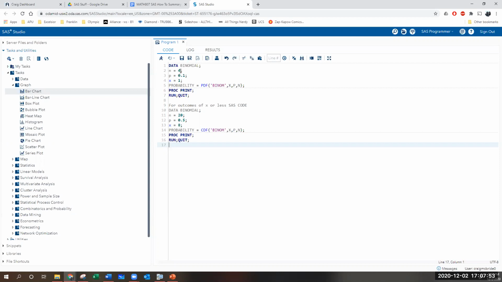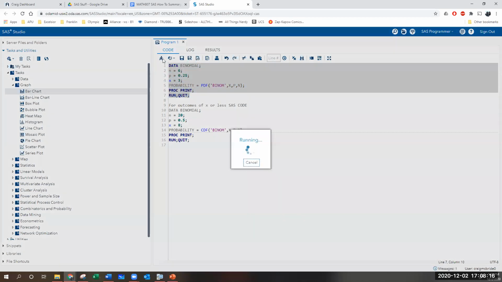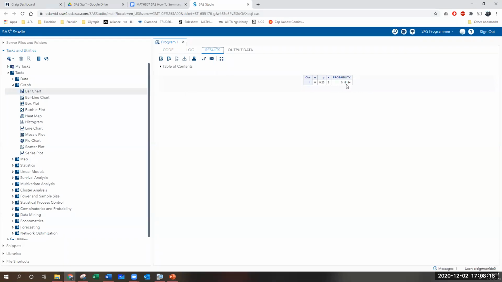If I want a sample size of 6 and the probability of a success is, let's say, 25%, and I want to know the probability of exactly 3 out of 6 successes, then I highlight just that portion of it and hit run. And there's my answer, 13 point something percent.